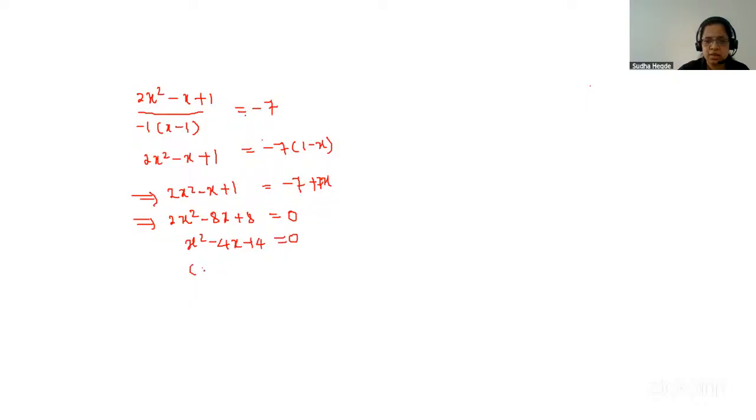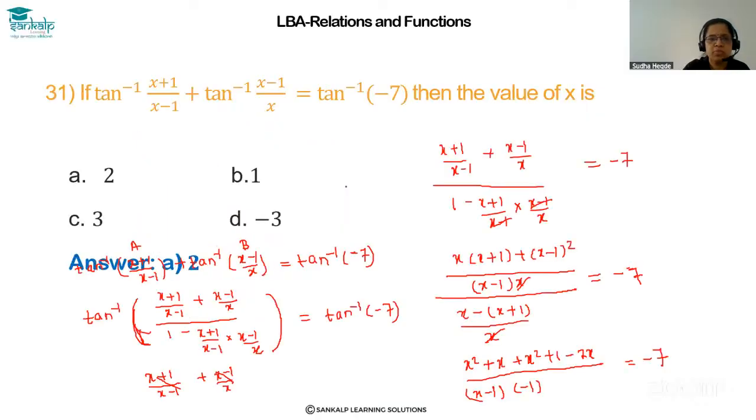This is (x minus 2) the whole square is equal to 0, implies x is equal to 2. So check the options. It is 2, 1, 3, minus 3. So option A, 2 is the correct answer.